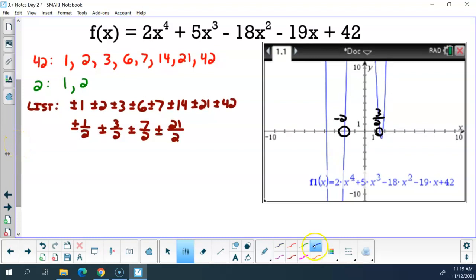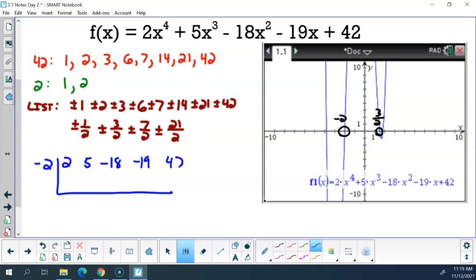-2. All right. So if I synthetically divide -2 into my function: 2, 5, -18, -19, and 42. Bring down 2, -4, 1, -2 is -20, +40 is 21, -42 is 0. So it works out.